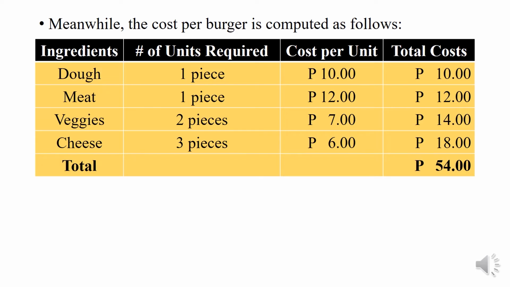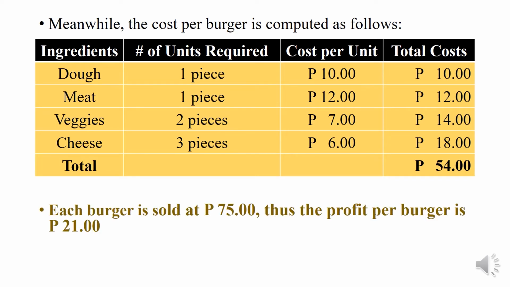So we would have a total cost of 54 pesos. Let us remember that per unit of burger would sell for about 75 pesos. Thus, if the selling price is 75 and the cost is 54, the profit would be 21 pesos. Okay? So now we have the profit per pizza and the profit per burger.